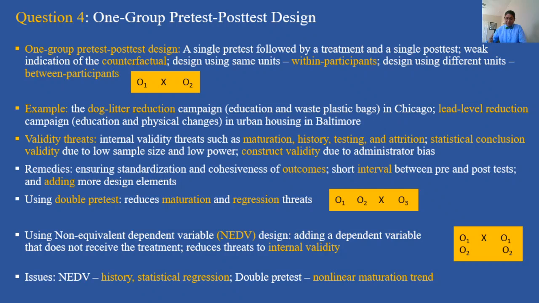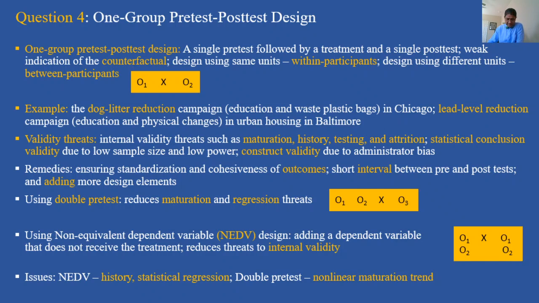Statistical conclusion validity threats due to low sample size and resulting in low power were seen. And additionally, construct validity threats were also seen in this particular study due to biases from the administrators or those who were doing the LEAD interventions.